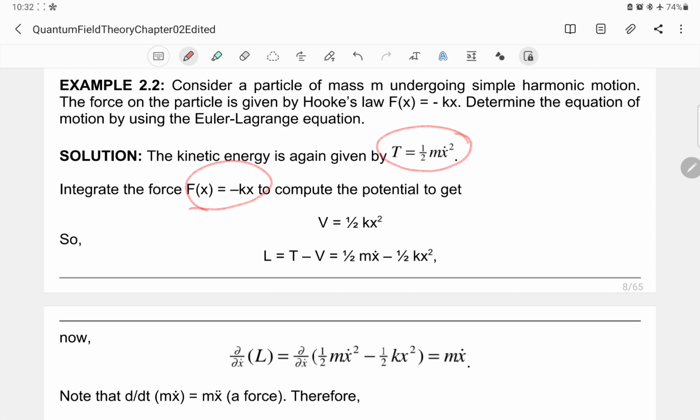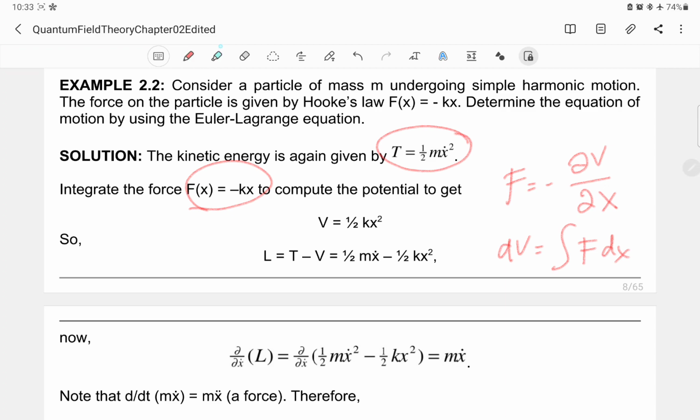F is just equal to negative partial of V with respect to x. If F is just a function of x, then V would be the integral of F dx. So when you integrate negative kx, it's just 1/2 kx squared.